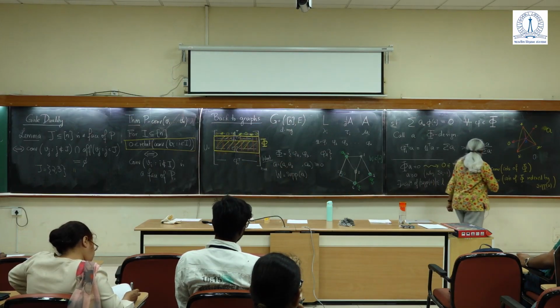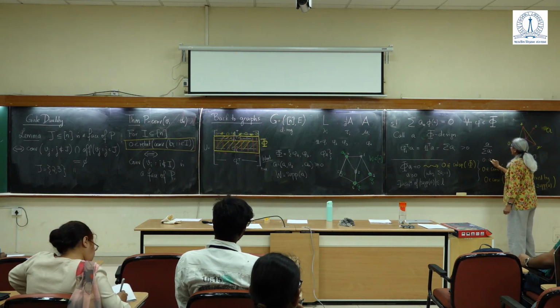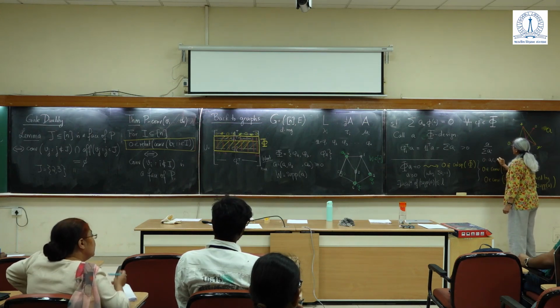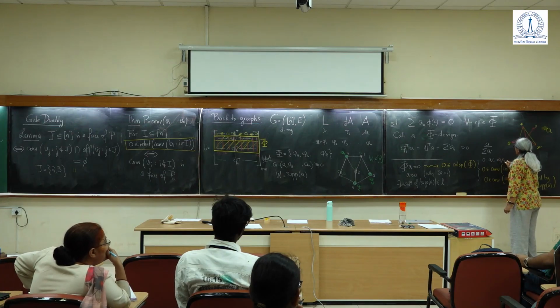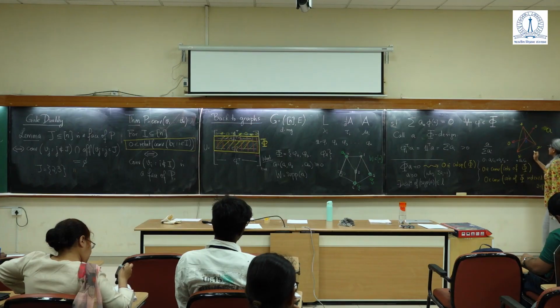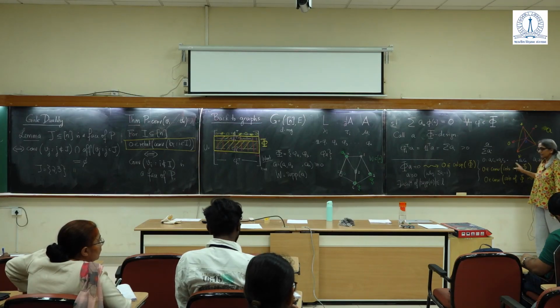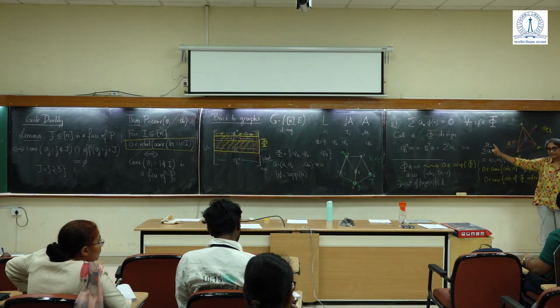So 0 being in the convex hull of the columns means that 0 is equal to A1 C1 plus A2 C2 plus up to An Cn. And I also have that the A_i are all non-negative. I also have that the sum of the A_i is 1. So 0 is a convex combination of C1, C2 up to Cn.